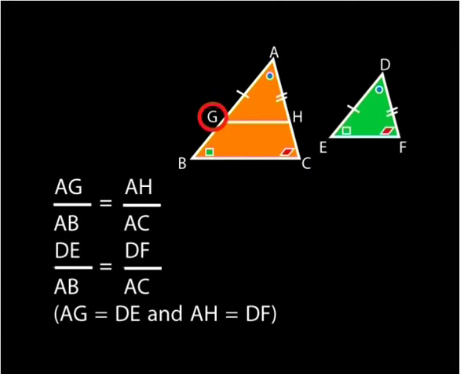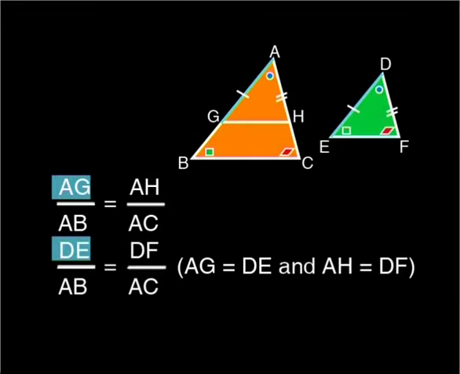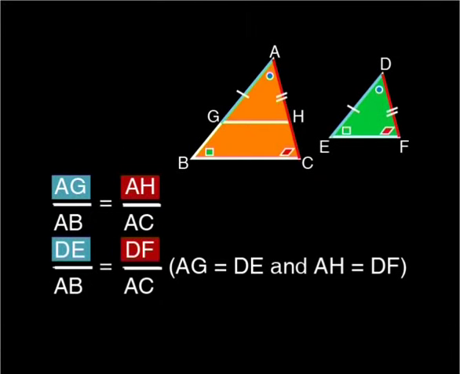Stop again and look at the diagrams. We cannot keep using G and H because these were points we constructed. They can't be part of the end of the proof. But we made AG equal to DE and AH equal to DF.